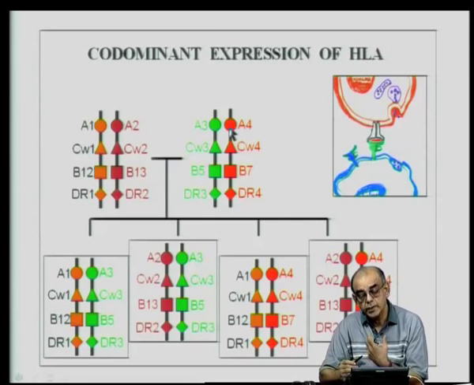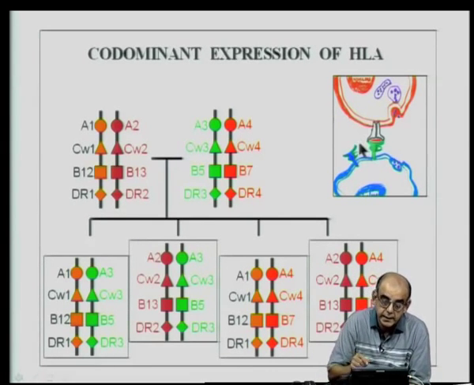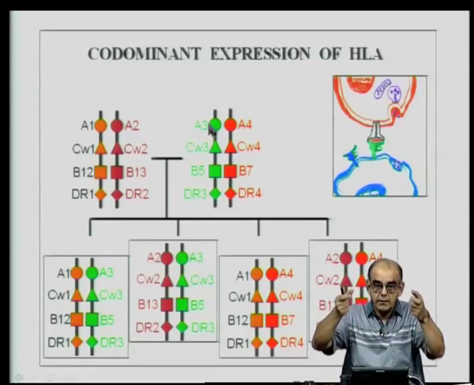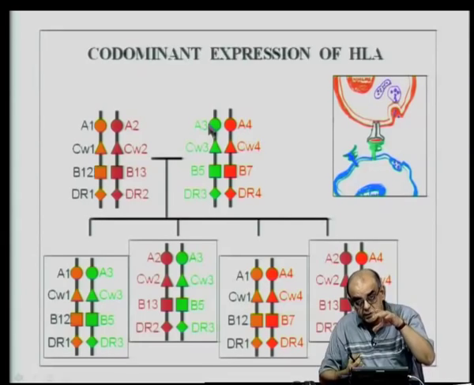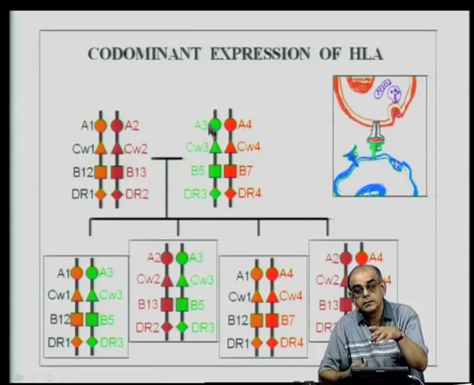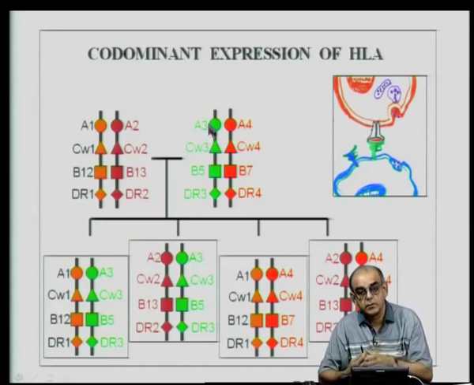In addition to recognizing this peptide associated with MHC class 1, the T cell receptor also recognizes the alpha helices on the sides of this class 1, and therefore, is recognizing the MHC 1 also. In fact, that is the way it tells whether the MHC 1 is actually self or non-self.